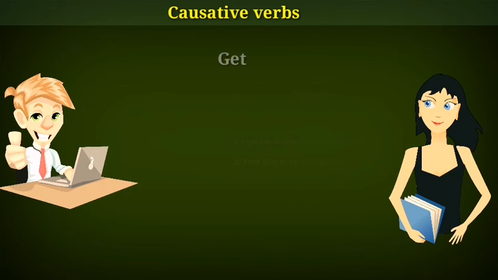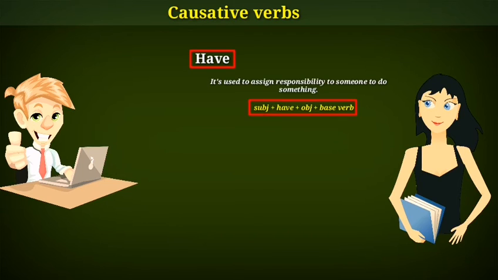Have. The causative verb have is used in a situation when you give responsibility to someone to do something for you. For example, if you assign any responsibility to a person and you don't do something by yourself, but you allow them to do it for you. So at that time you will use the structure like this: subject plus have plus object plus base form of the verb.